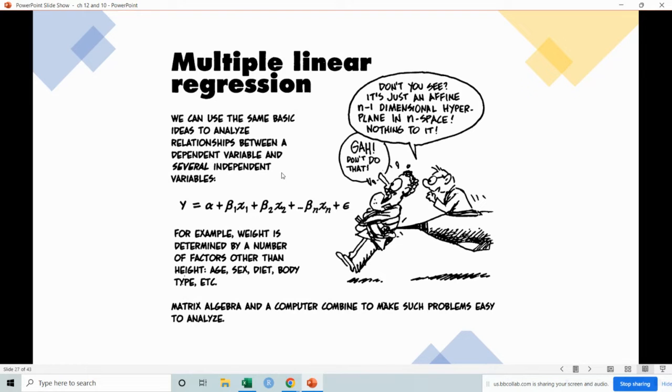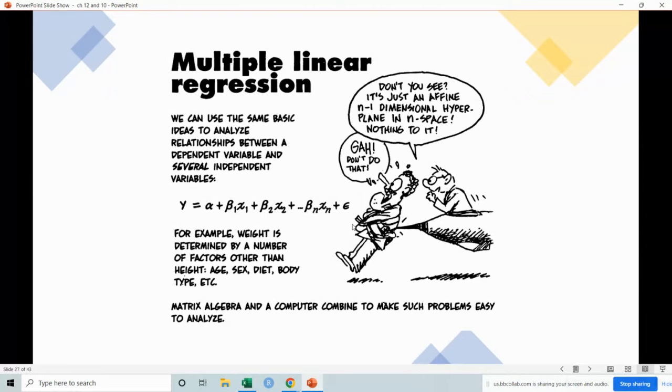Weight and height: there's more to that relationship, particularly age, sex, diet, body type, etc. So we can look at each, say x1 is age, x2 is sex, x3 is diet, x4 is body type, etc. We'd want to find out what each of those coefficients were, and we would learn more about the particular problem.